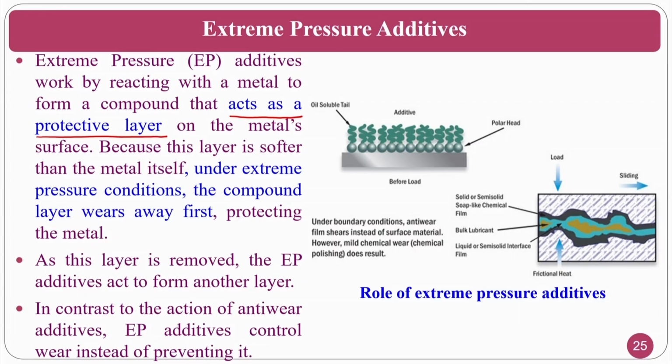You can see here the polar head and the non-polar tails. This is the workpiece material where the layer is formed. Even though the tribological conditions are severe, it will form continuously because the cutting fluid is falling continuously. So, it will protect at extreme pressures, or extreme conditions of the grinding also.